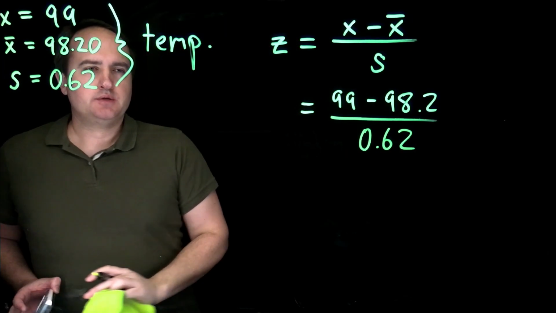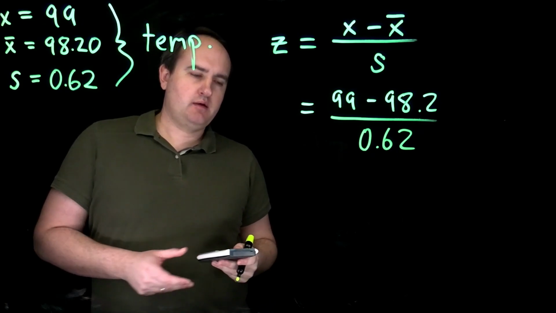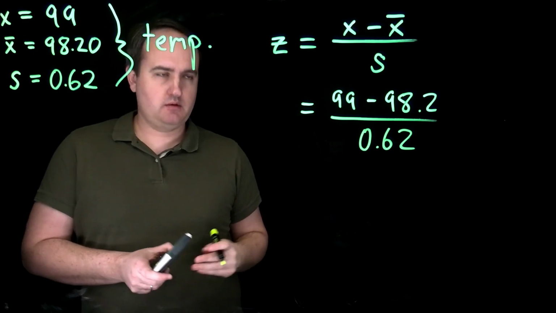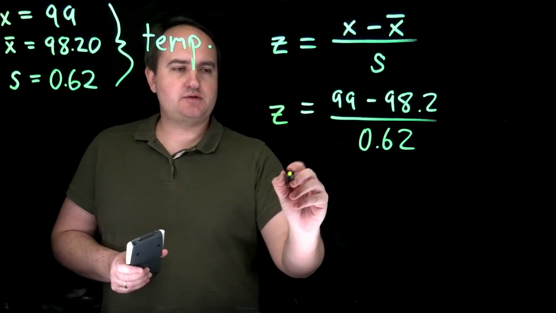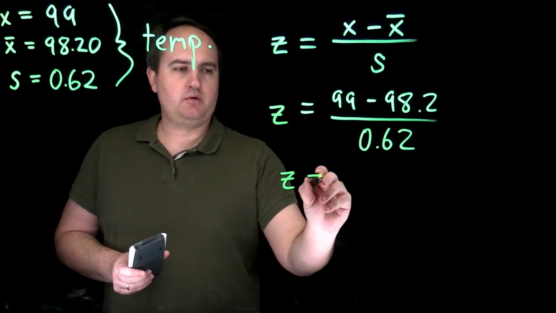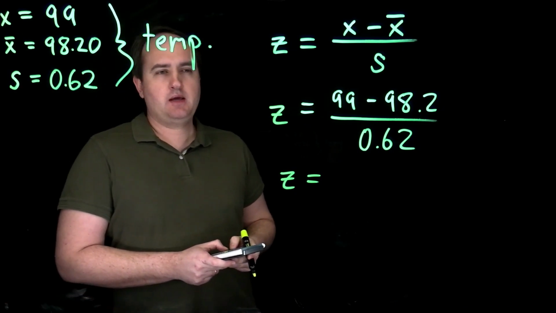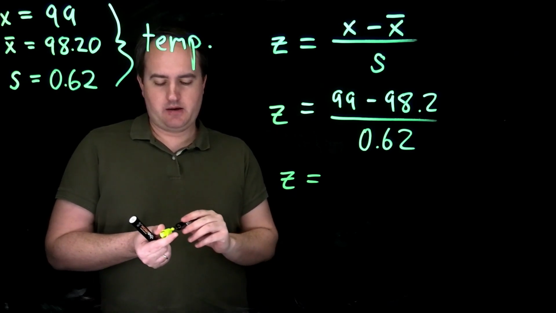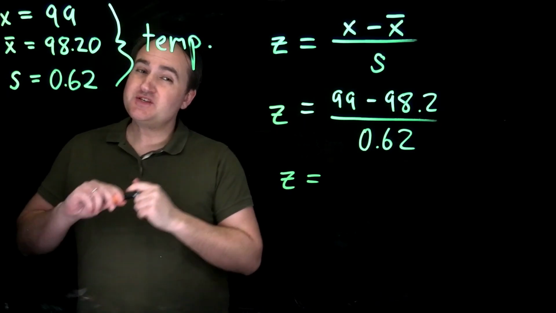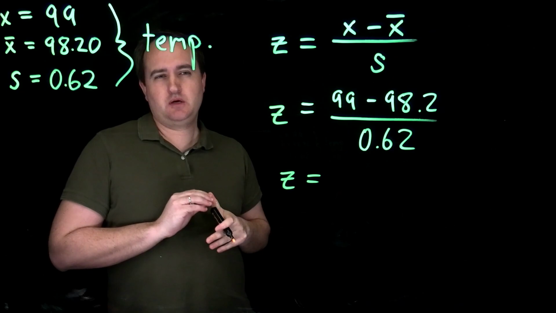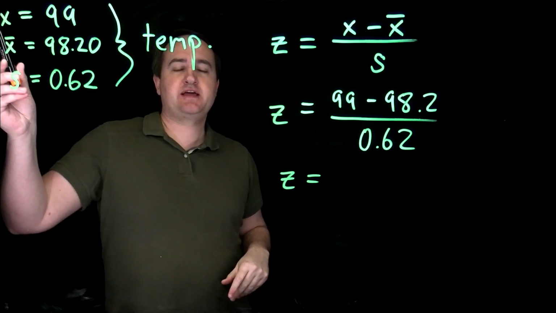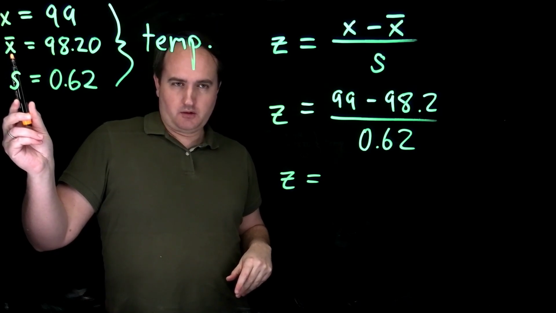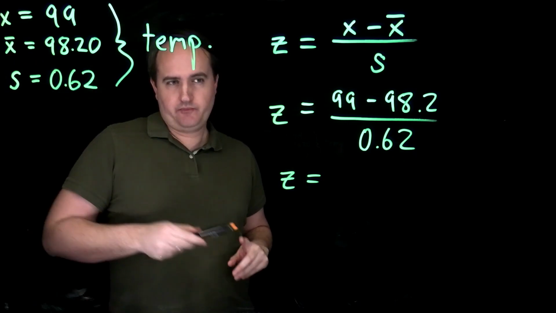It's definitely recommended that you use a calculator on these problems. So here we've got our z-score for temperature. Just so you know, in your homework they ask you to find the difference first, the difference between your data value x and your sample mean x bar.